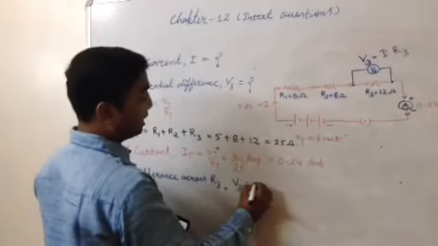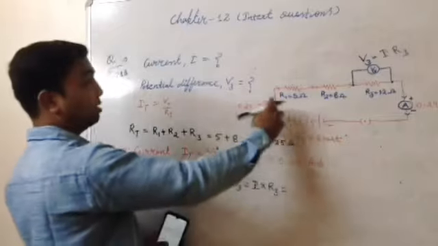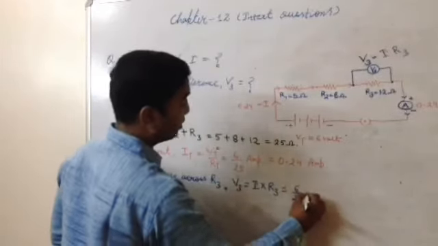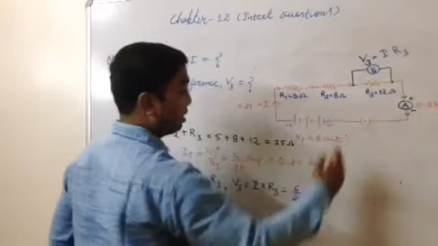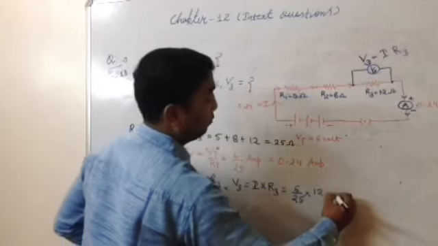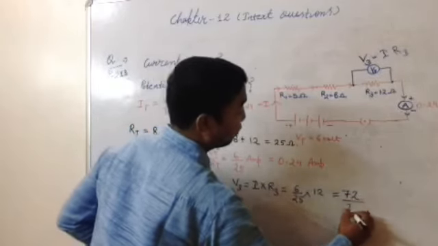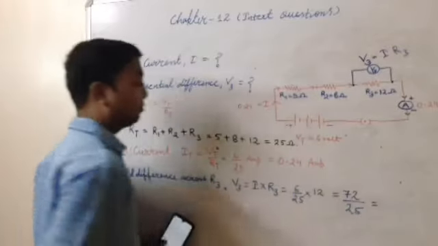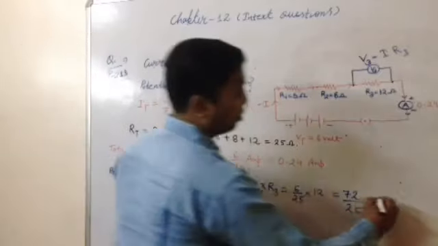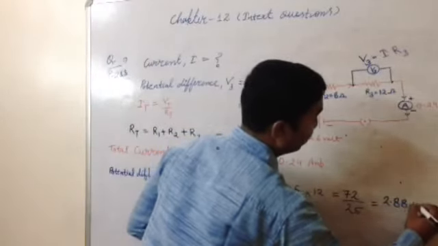Now what is I here? I is 6 upon 25 and R3 is 12. Now we will multiply 12 by 6, which is 72, upon 25. So what would be the answer? Can you tell? 2.88 volt. Okay, 2.88 volt.